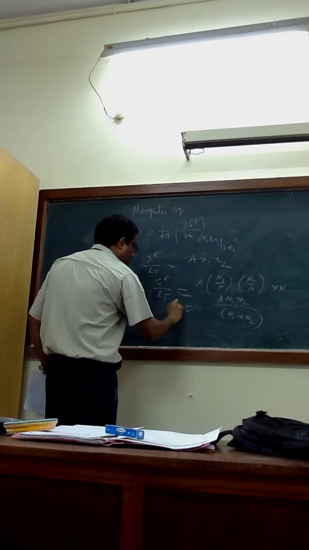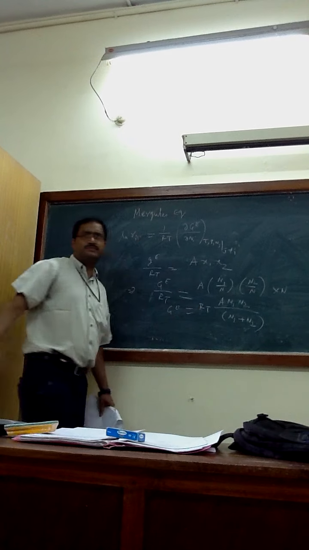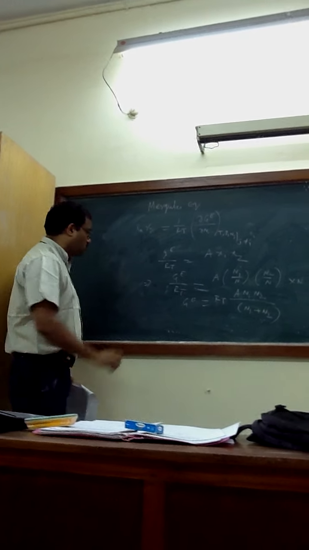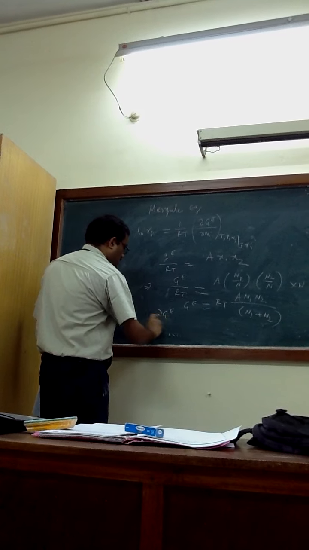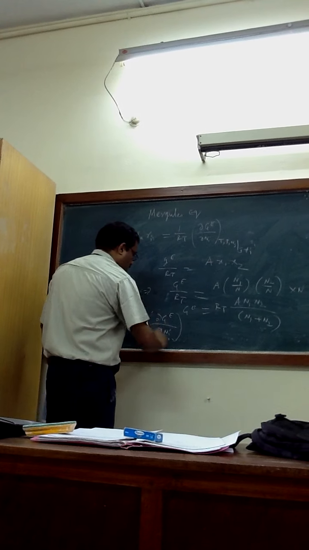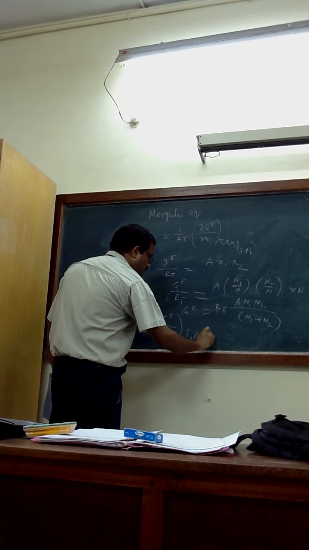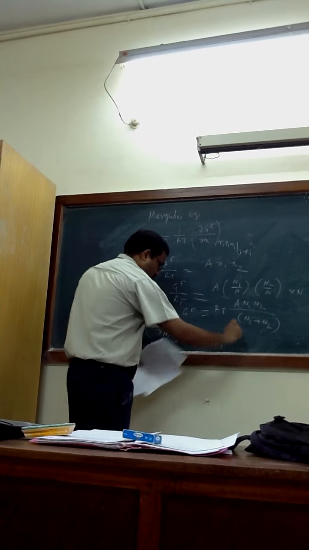So GE equals this, and we need dou GE by dou Ni at T, P, Nj.